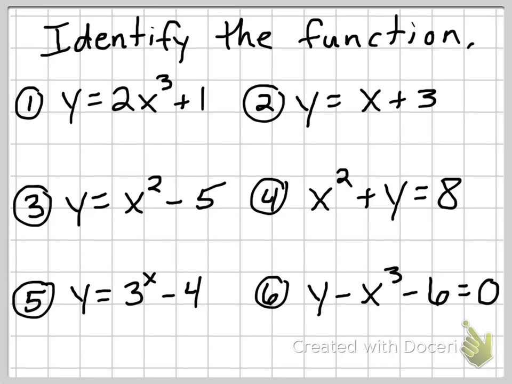Alright, so looking at number 1, I see that there is an x cubed. Well, that tells me that number 1 is a cubic function. It's as simple as that. If you see an x to the third power, it's cubic. Okay. Now, number 2, as I'm looking at number 2, I don't seem to see any of those three things.